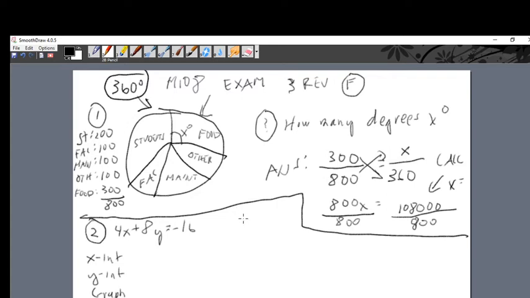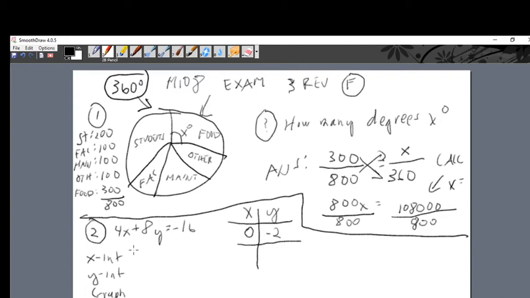If you remember, that tic-tac-toe will get us an x and y intercept. If x is 0, what's y? 8y is equal to negative 16. Divide by 8 on both sides. So if x is 0 and this disappears, you get y is equal to negative 2.